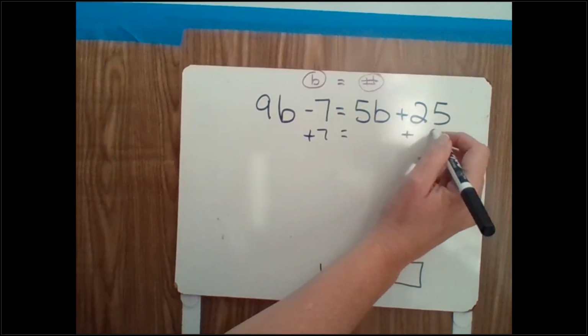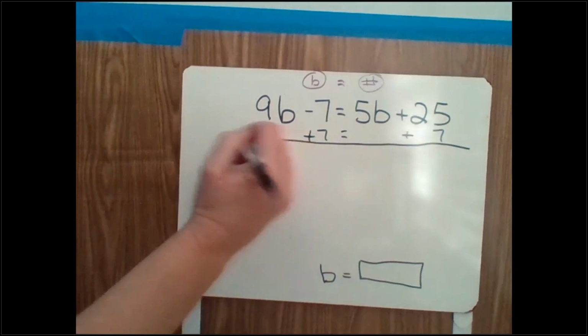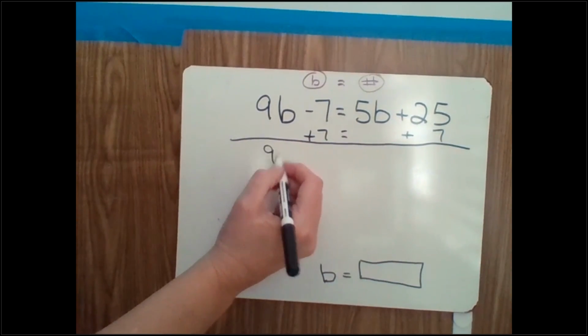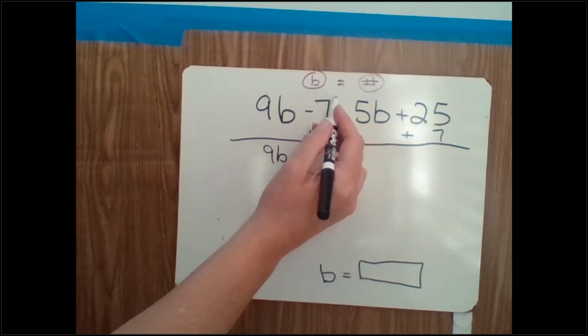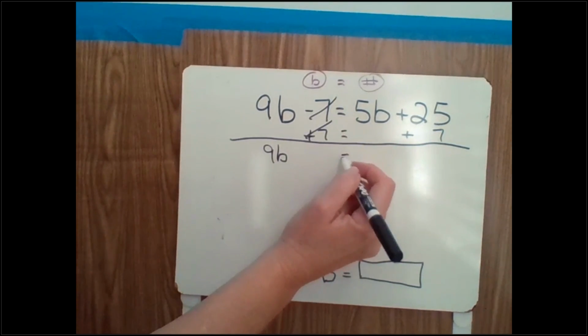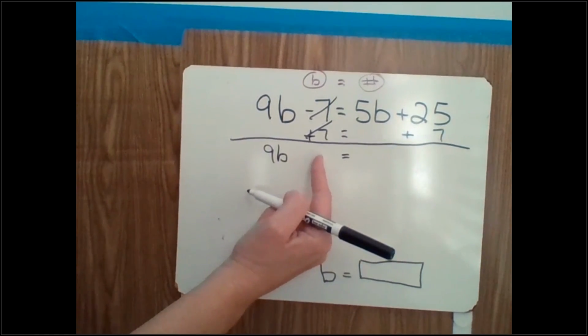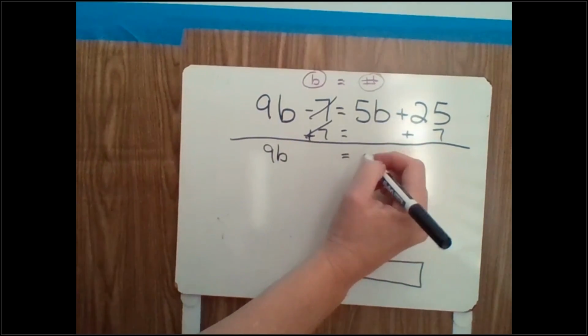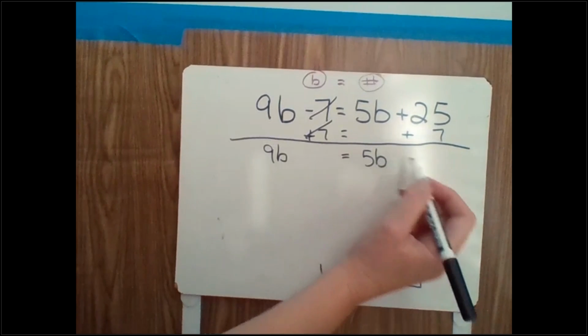I have to make sure I do the exact same operation to both sides of the equal sign. I still have my 9b. Minus 7 plus 7, well, that's just going to cancel. I could write a +0 there. I'm not going to do that. It just causes me to do more work. I still have my 5b on the right side.